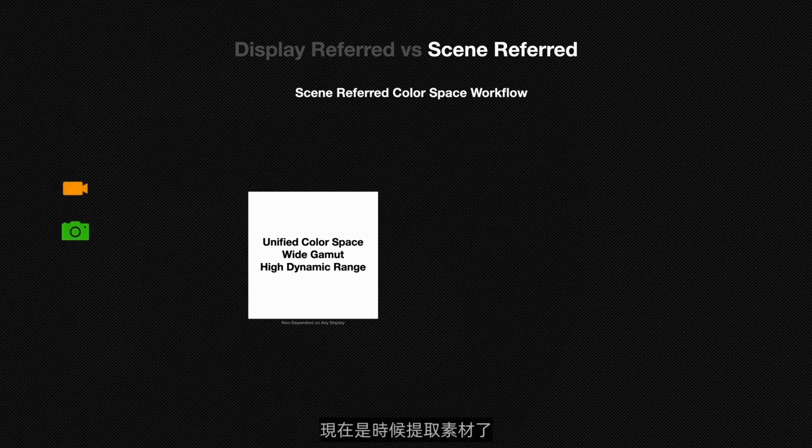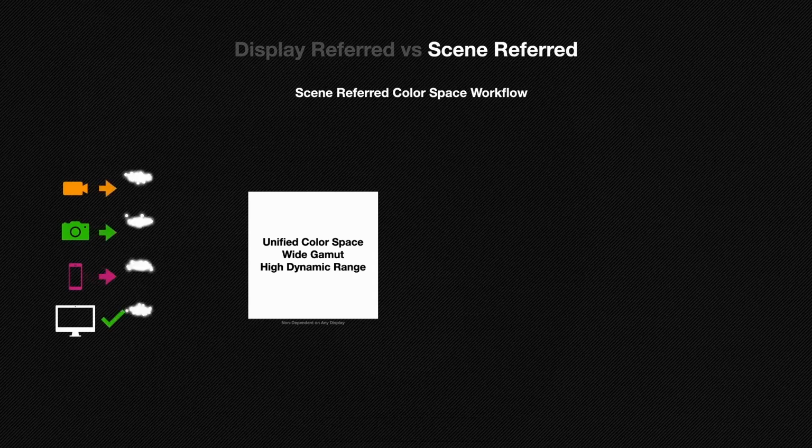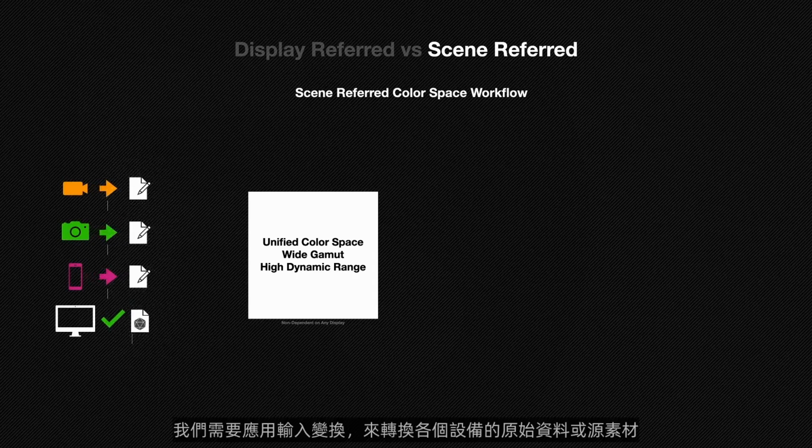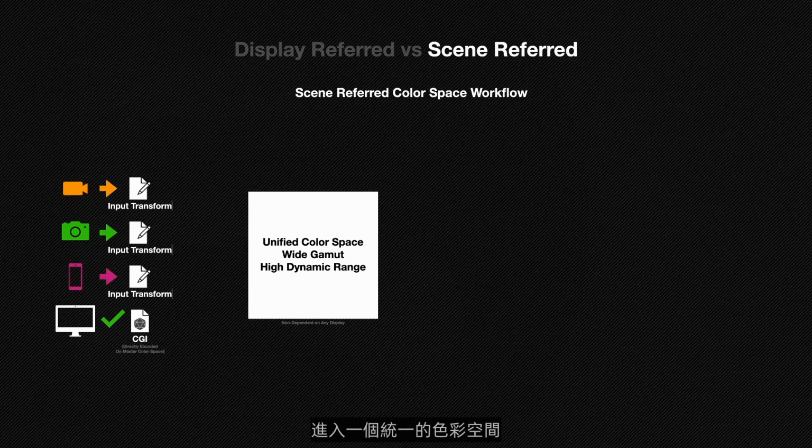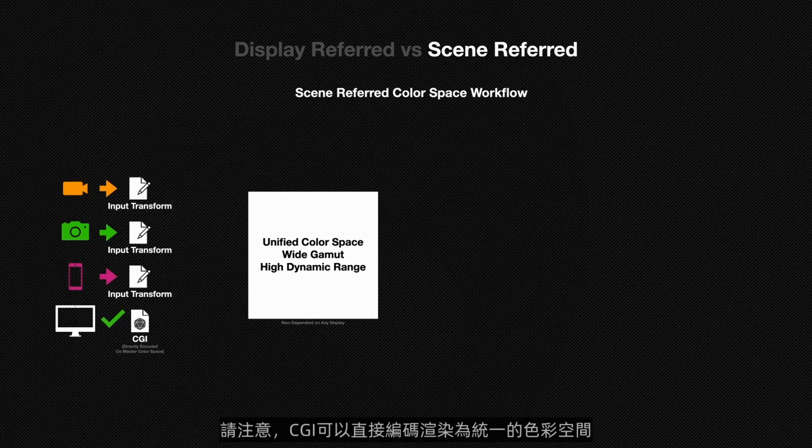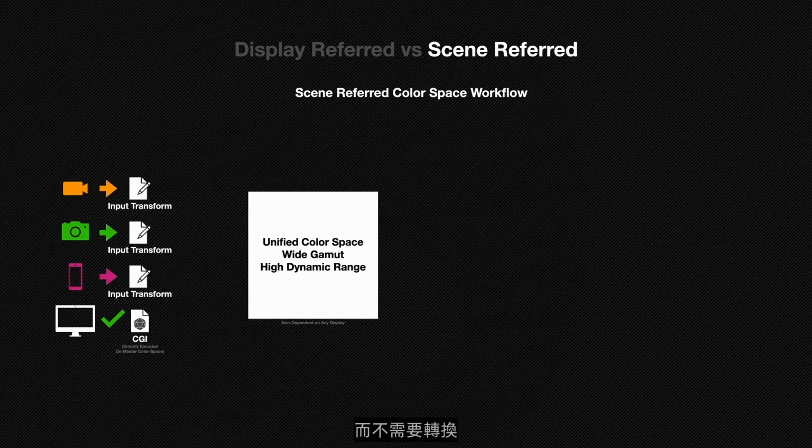It is time to ingest our footages. So we will need to apply an input transform to convert the raw data or the source material from each device into the unified color space. Notice that the CGI could be rendered directly encoded into the unified color space, so it doesn't need to be converted.